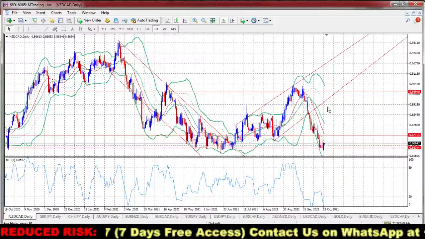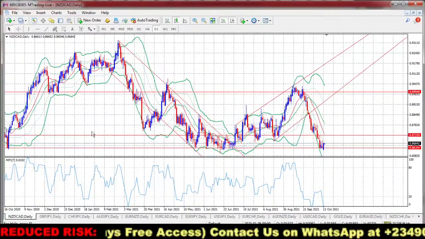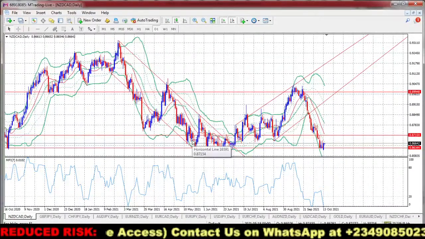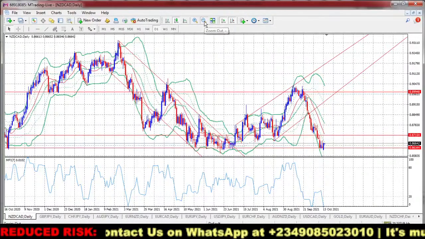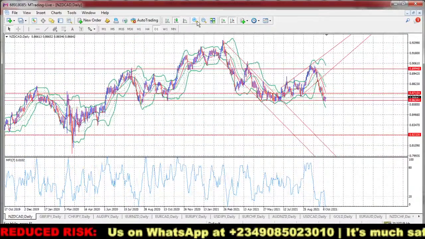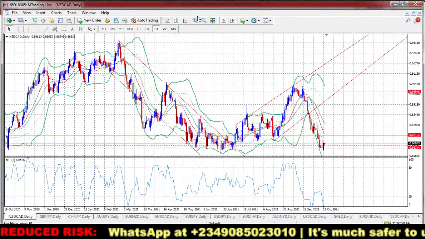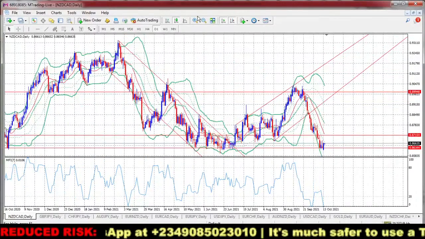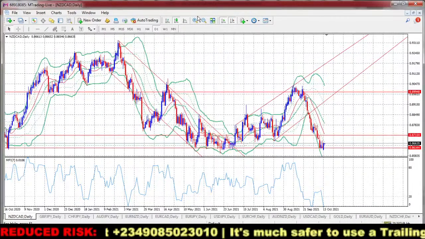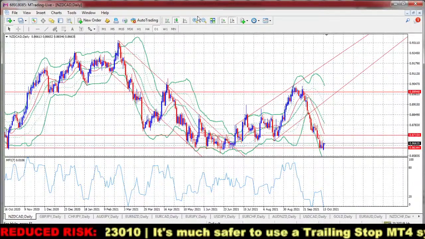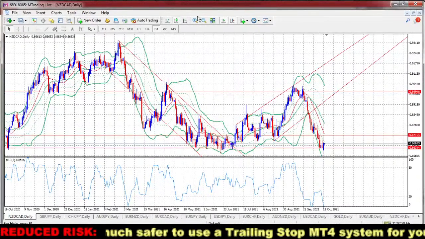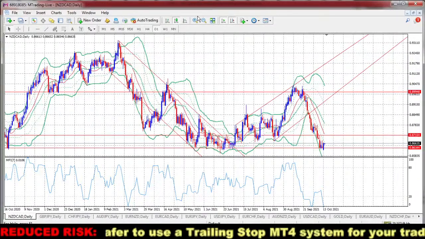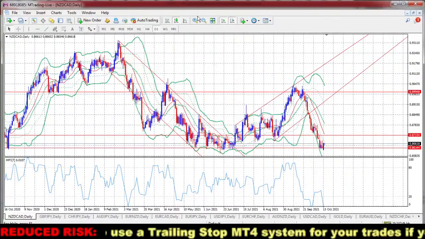All the same, we hope we will not have any fundamental news coming up in the course of the day to cause any havoc in the market. The New Zealand dollar is trying to appreciate, while the Canadian dollar is trying to relax as of now. So that will be the only one we will be taking.